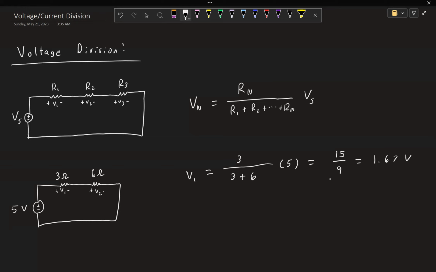If you wanted V2, you could do the same thing. V2 equals 6 over 3 plus 6 times 5 equals 30 over 9, which equals 3.33 volts. So voltage division is useful for series resistors.